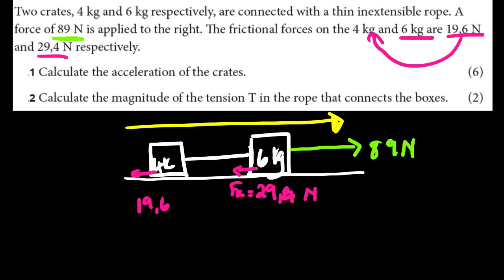So the question says calculate the acceleration of the 2 crates. Before we do that, let us draw a free body diagram. I normally say we draw a set of free body diagrams. We start with the free body diagram of the forces acting on the object. This is the 4 kg. For the 4 kg we have normal force, kinetic friction, Fg, and tension.